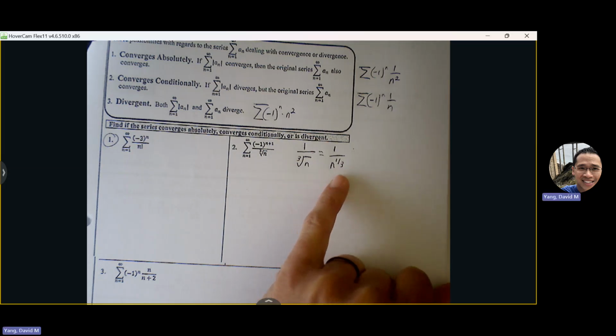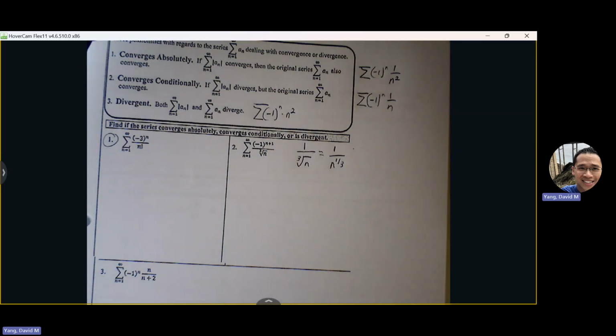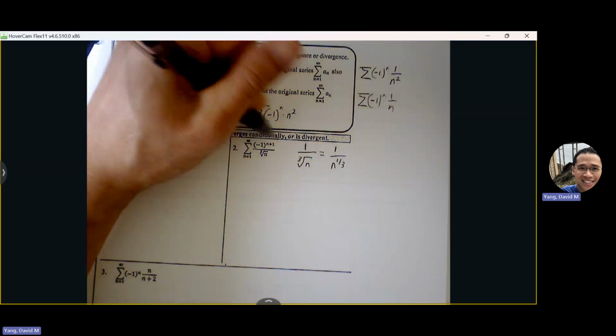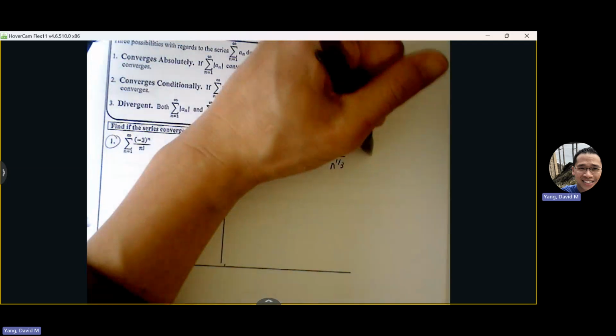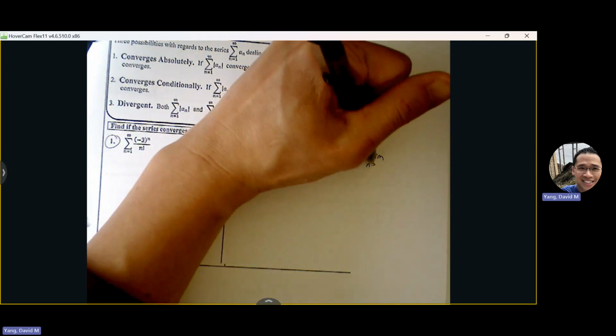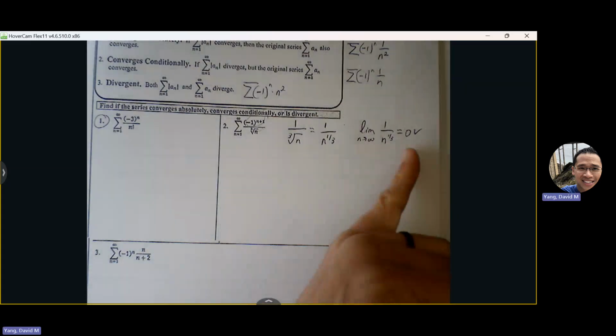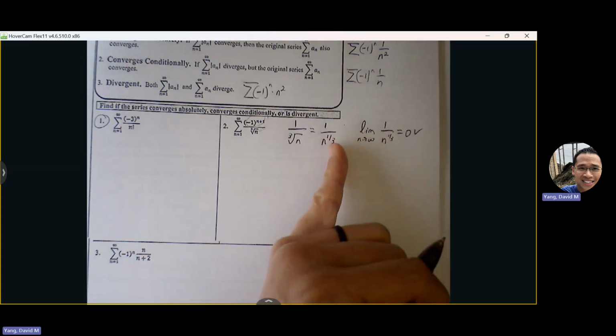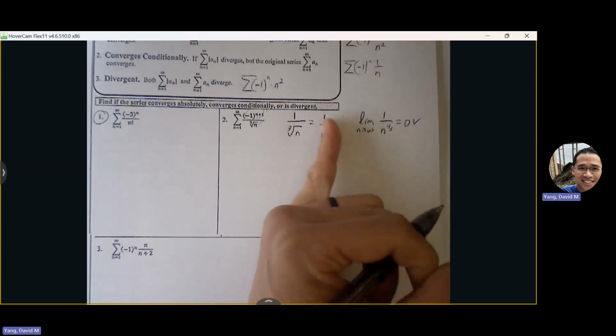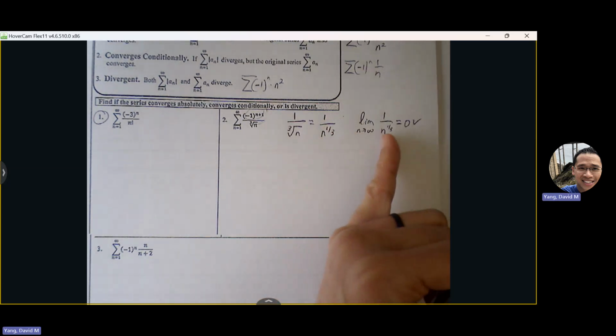Diverge because of what? P series. Yeah, the p value is less than 1. It's going to diverge on its own. However, with the alternator, maybe it'll converge because the limit as n approaches infinity of 1 over n to the 1/3 does equal 0, right? So it doesn't converge because of p series, but it does meet the criteria for an alternating series.